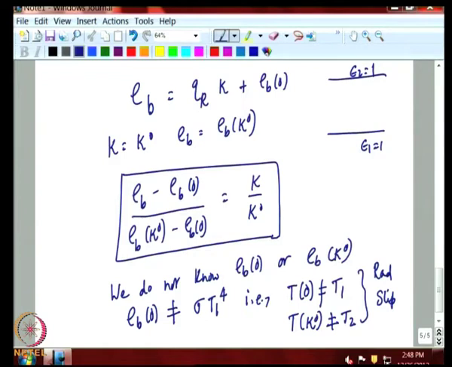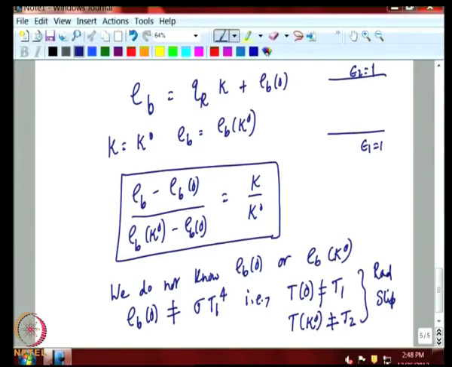And the question arises as to how we do this calculation. How do you relate the temperature of the gas at the bottom with the surface temperature? So, this slip has to be done. We had done this earlier in a different context, but now we have to do it in the context of this problem.